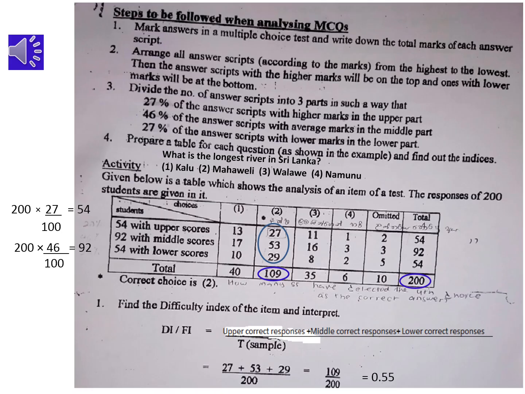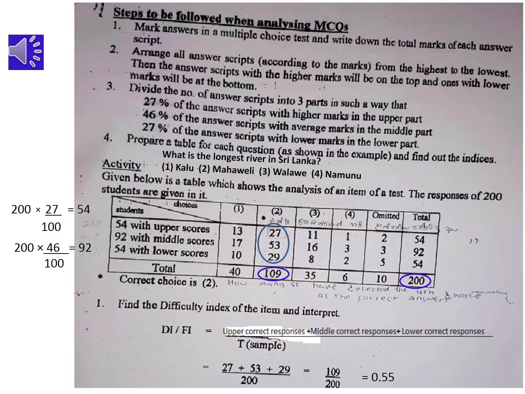Once again you go through and find out how many students have marked Valave as the answer. 11 students. Then once again you go through the first set. First set means the top set, the clever students' papers. Then the fourth choice, Namunu, only one child has answered.